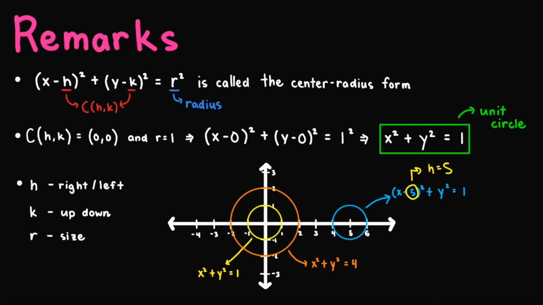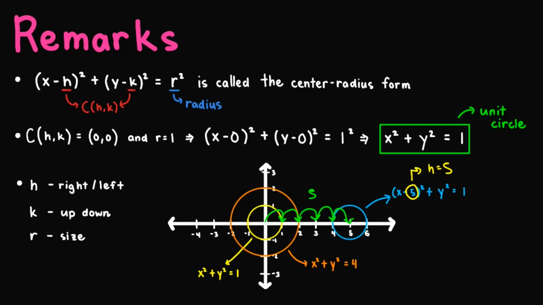Indeed, if we check, if this is the center of the circle, we move it 1, 2, 3, 4, and 5 out here. So that is the idea behind this h value out here. It's like moving the circle to the right or to the left.